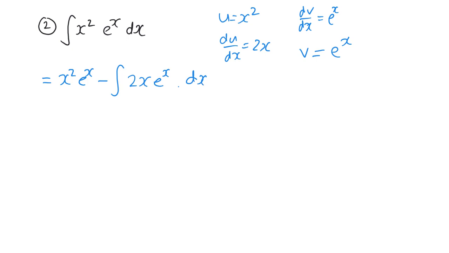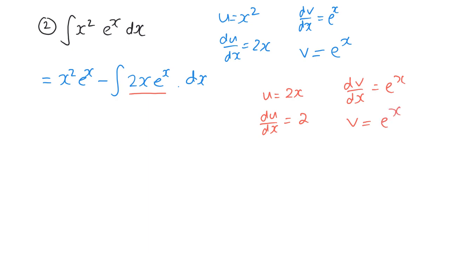Now what you'll see here, we still have a product. So what we'll have to do is apply parts to just this part again. So this time our u is 2x, and our du by dx is 2, and our dv by dx is e to the x, which means v has to be e to the x.